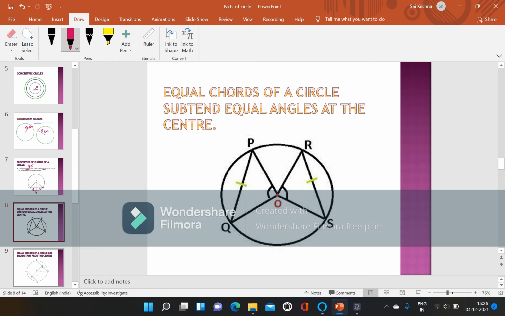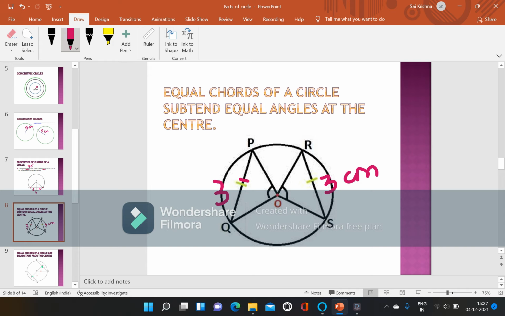The next property is: equal chords of a circle subtend equal angles at the center. That means if we have 2 chords, PQ and RS, of the same length, say PQ is 3 centimeter and RS is also 3 centimeter, then if we join P and Q with the center and R and S with the center, we get 2 triangles.